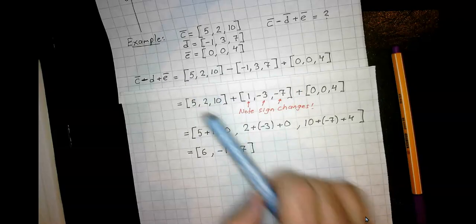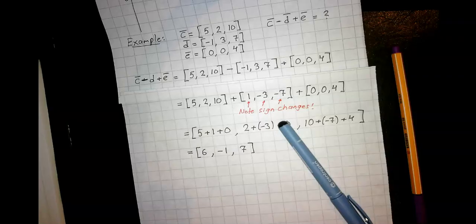And these components tell us what size of that force goes along the x-axis, and what part of that force goes along the y-axis, and what part goes along the z-axis. And then we have to add those forces together and get the final force. What is the sum force of those three forces?